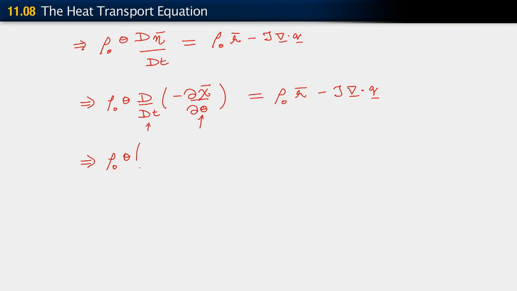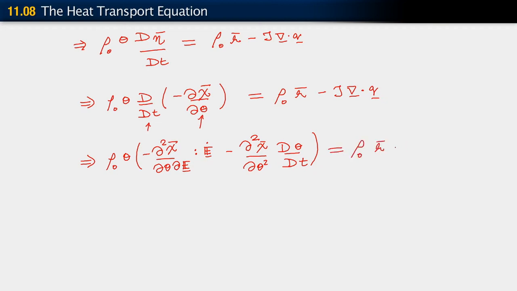So we have rho naught theta, we have minus the second derivative of chi bar, but this is a mixed second derivative, and we have another term which is the second derivative of chi bar with respect to theta times the material time derivative of theta, equals rho naught r bar minus J divergence of q.